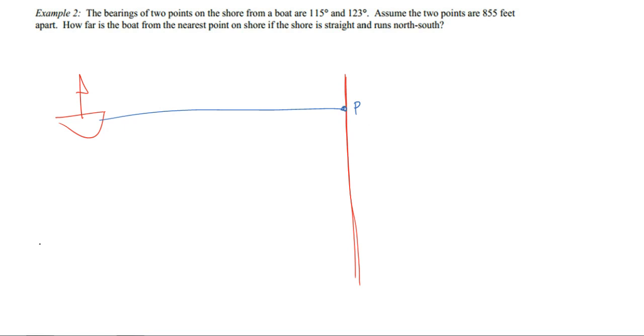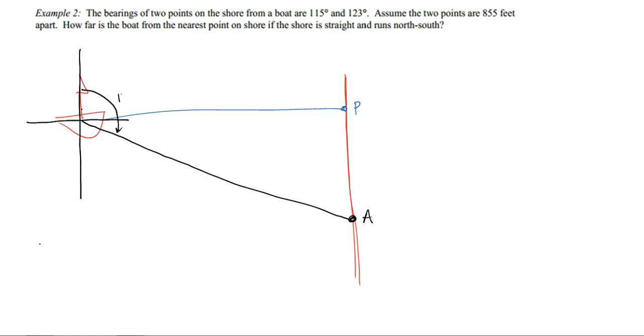And all I do know is that if we draw the bearings in here, there's my boat, we have 115 degrees, so 90, just a little more. We have a bearing of about this. We'll call that point A. This is 115 degrees.